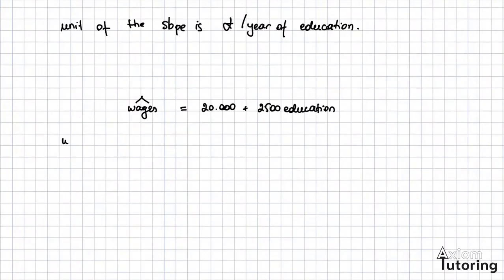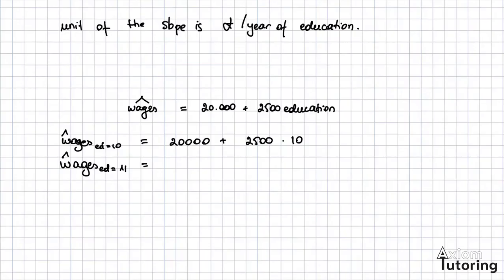You can compute what your wage is for education going from 10, and then the same for wages when education is 11. The way you can do that is simply by substituting education 10 into the regression. So here you'll have 20,000 plus 2,500 times 10, and here again 20,000 plus 2,500 times 11.